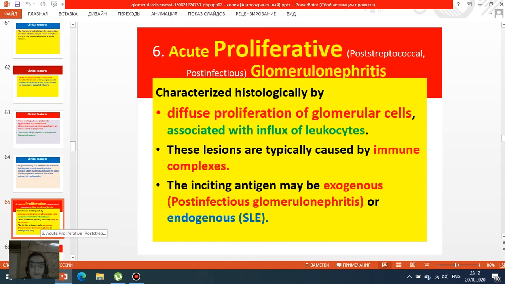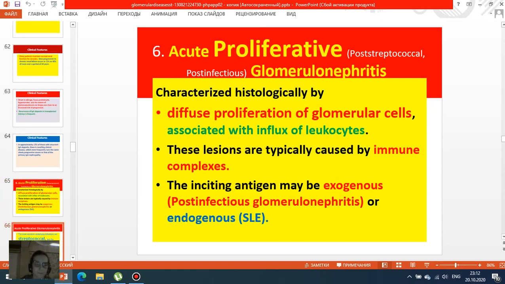Acute proliferative or post-streptococcal glomerulonephritis is characterized histologically by diffuse proliferation of glomerular cells associated with influx of leukocytes. These lesions are typically caused by immune complexes. The inciting antigen may be exogenous, as in post-infection glomerulonephritis, or endogenous, as in systemic lupus erythematosus.